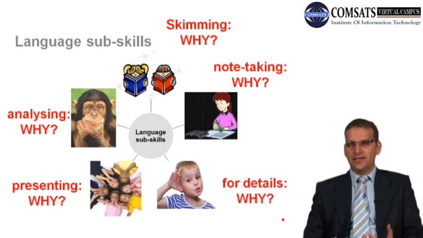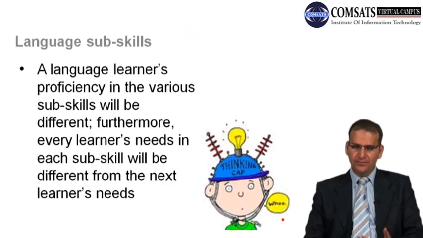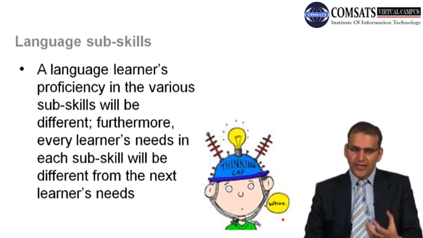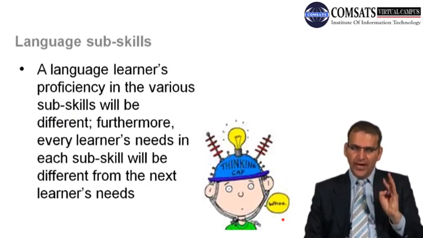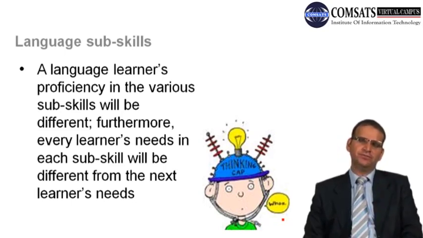And why these sub-skills? Talking about pronunciation, why pronunciation? I hope you understand. Now language sub-skills. A language learner's proficiency in the various sub-skills will be different, right? Furthermore, every learner's need in each sub-skill will be different from the next learner's need.